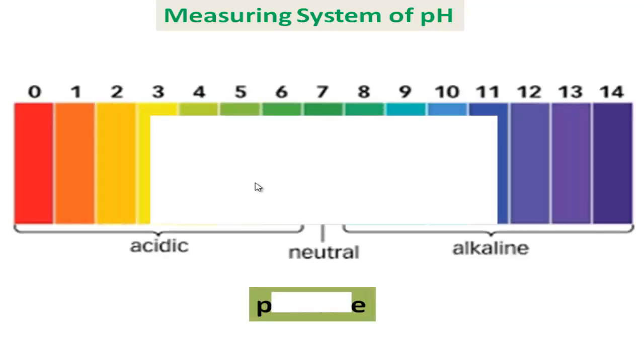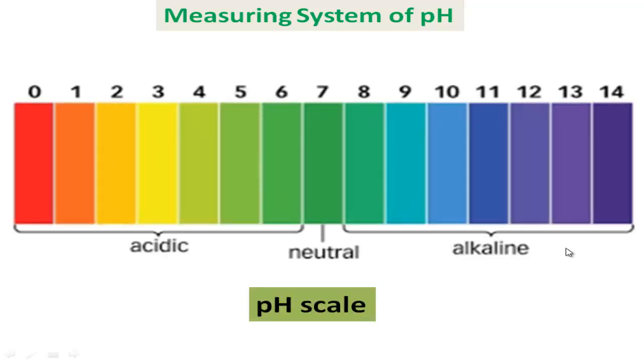Generally, mathematically we can calculate the pH value by calculating the concentration of hydrogen ion in a solution, and its value can be positive or negative. But generally for measuring, the pH scale is used, and the pH scale range is 0 to 14.